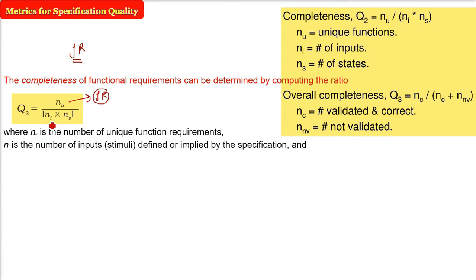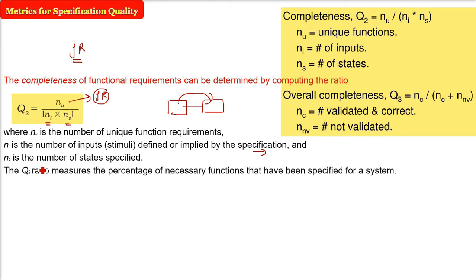NI is the number of inputs defined and implied by the specification. In the specification, for a function, how many inputs it is going to take. So these are the inputs, NI. NS is how many states it will change, so the number of states specified for this function. You can see it in the state diagram also. Okay, this is the completeness. So you get a metric for completeness of functional requirements of the specification.